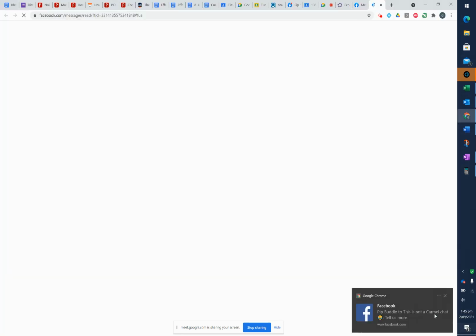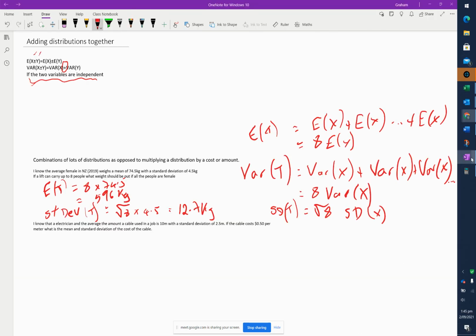Oops. Clicked on the wrong thing. So that will be me having lots of distributions being combined together. That is different from, I've got a sparky mate who knows the mean of a job is 10 meters and the standard deviation is 2 meters, and he knows the cost of the cable is $0.50 per meter. So what's the mean and standard deviation of his costs?